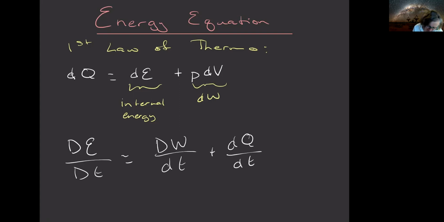And this dq dt is the energy in a fluid element. So we're considering, because this is a Lagrangian fluid, each element individually. This is the energy gained from the surroundings in that particular fluid element.